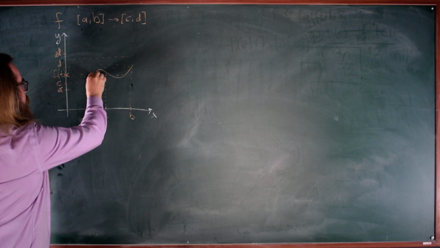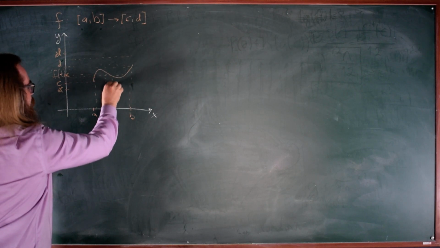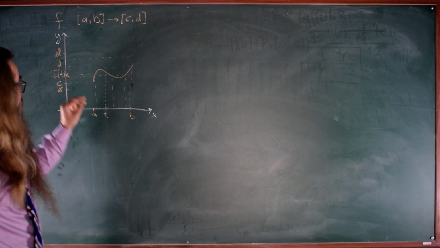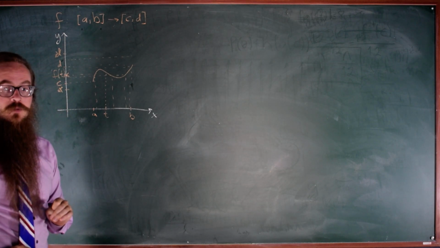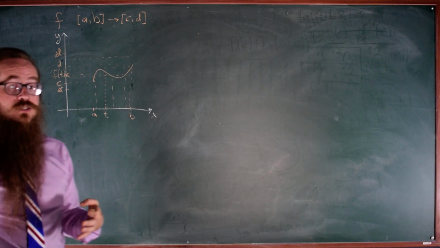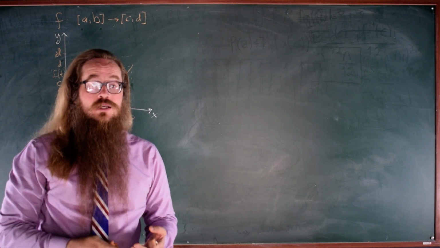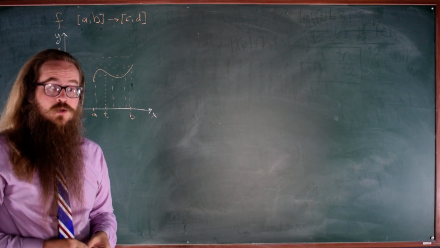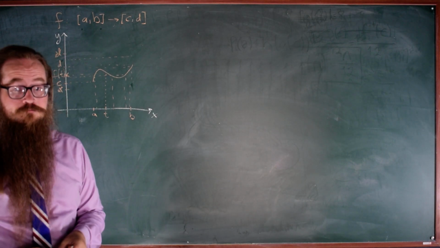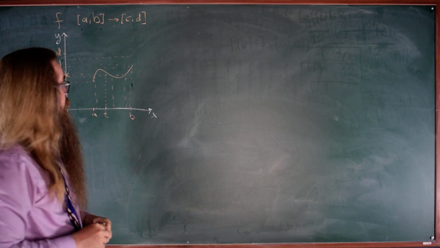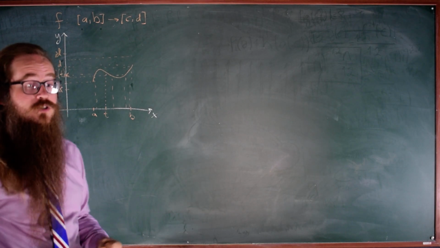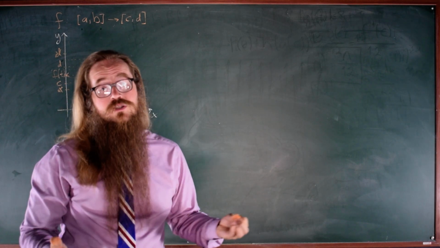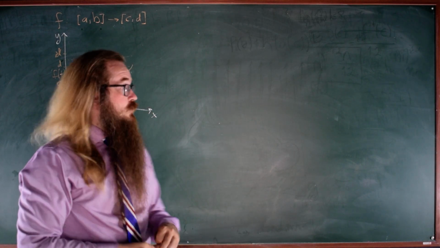Oh shoot, it's connected to this, it's connected to this, and it's connected to this. It has three values at this point, which means that the inverse is multivalued and has three values at some of the points. All right? So it's not injective and absolutely not bijective, which means that our inverse is not going to be single valued. So we're not going to have a nice inverse in this case.